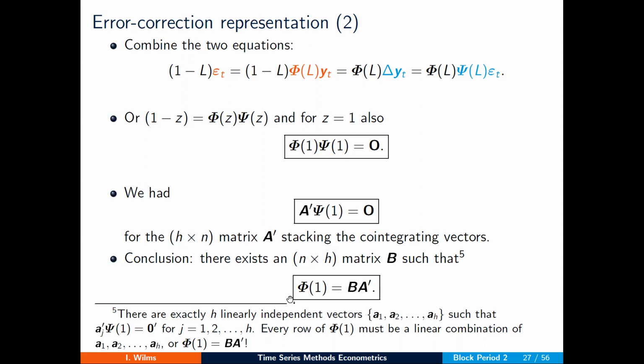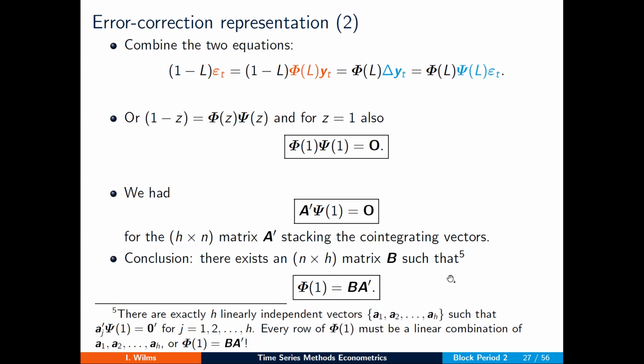Or in other words, each of them can be written as a linear combination of the co-integrating vectors. And this is exactly what this box says. There needs to be a matrix B such that each row in phi1 can be written as a linear combination of the co-integrating vectors contained as A1 up until AH in the rows of A prime.